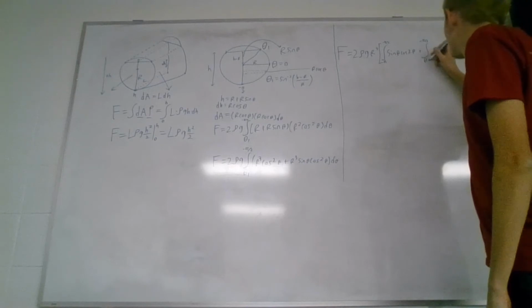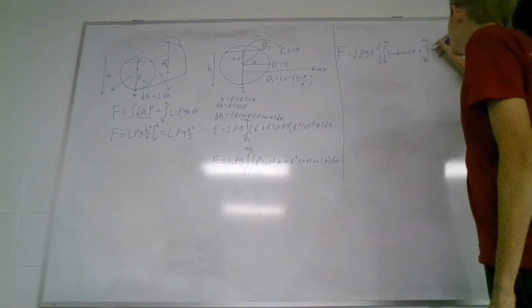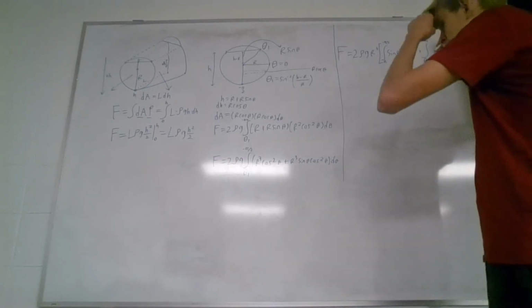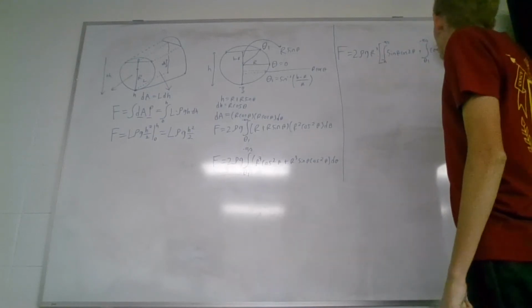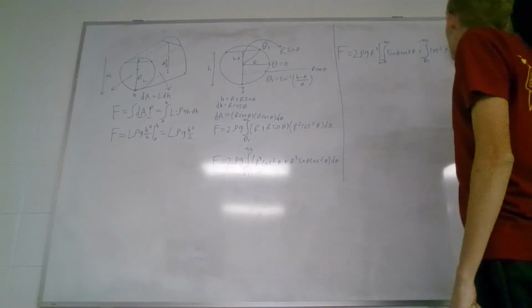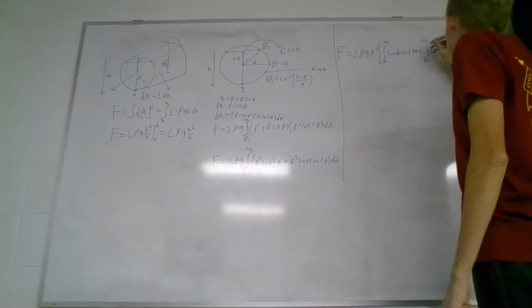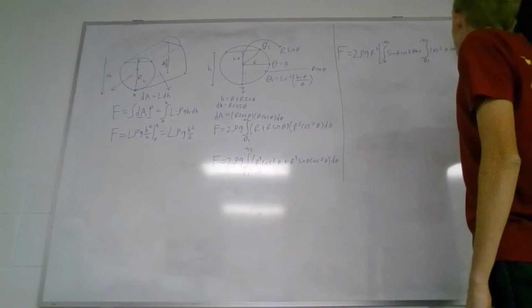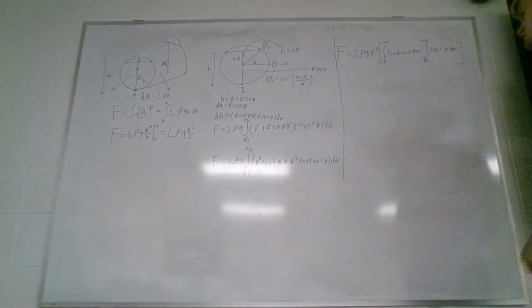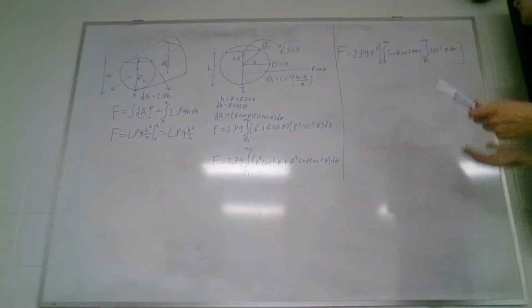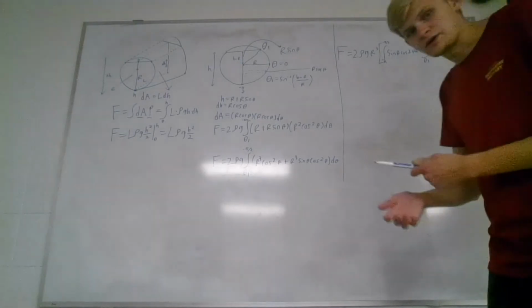And then we have our next integral, which is going to be our simple cosine squared theta, d theta. Shove both those in. So that's going to be our expanded form.